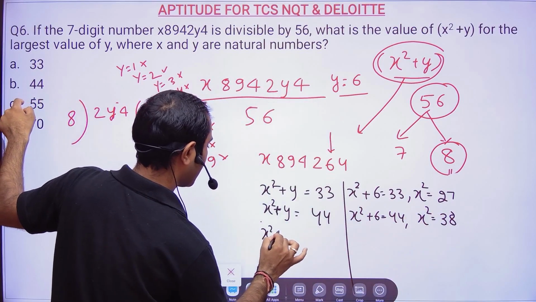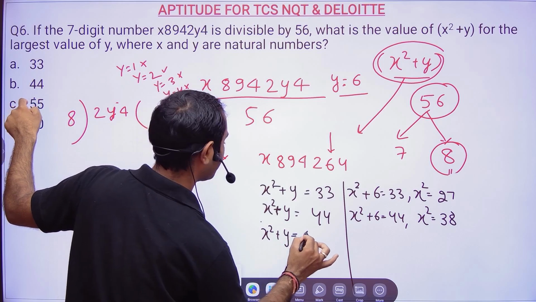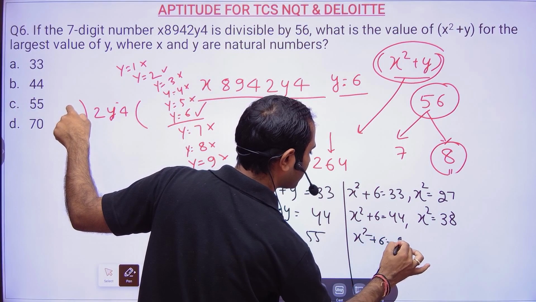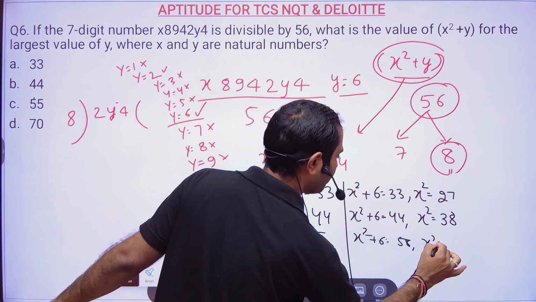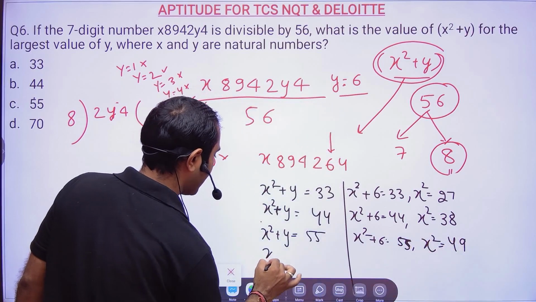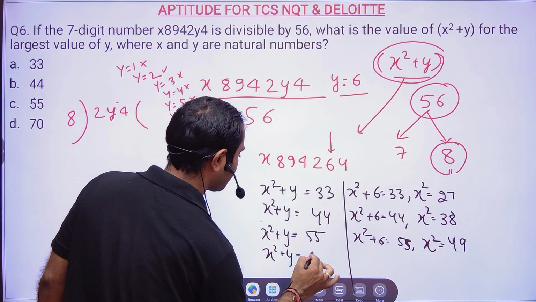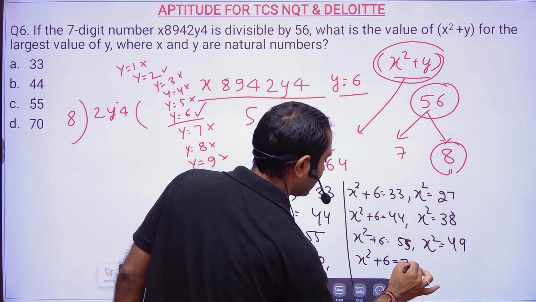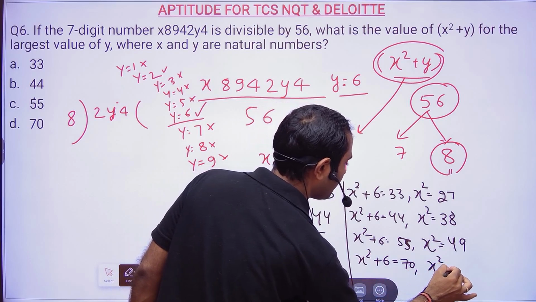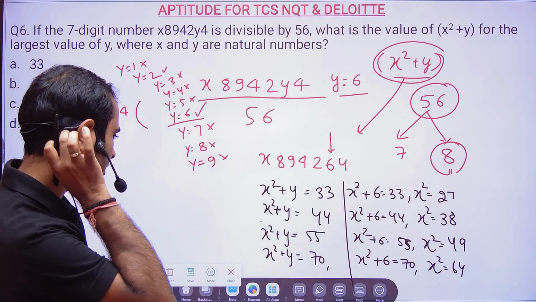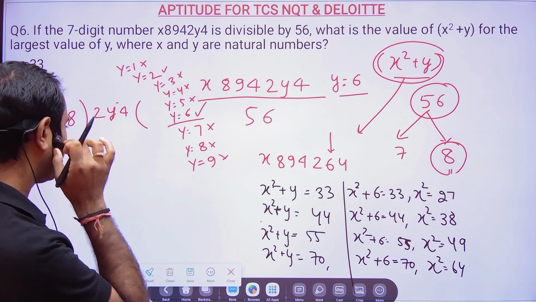Then x square plus y equals 55. You do not have to do all those things, just to make you understand so that you will not have any doubt, it will be equal to 49, 55 minus 6 is 49. x square plus y equals 70. Because y is 6, x square will be equal to 64. Right? 70 minus 6 is 64.